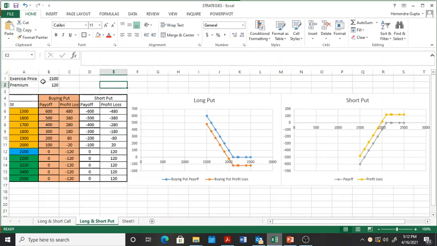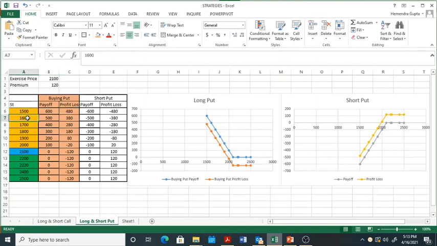Because he was of the opinion that the stock will be bearish, that the asset in the future will fall down. And in case the asset starts falling down, as you can see here at 1500, then he has a positive payoff of 600 rupees. But he has paid the premium of rupees 120, so his net gain is 480.